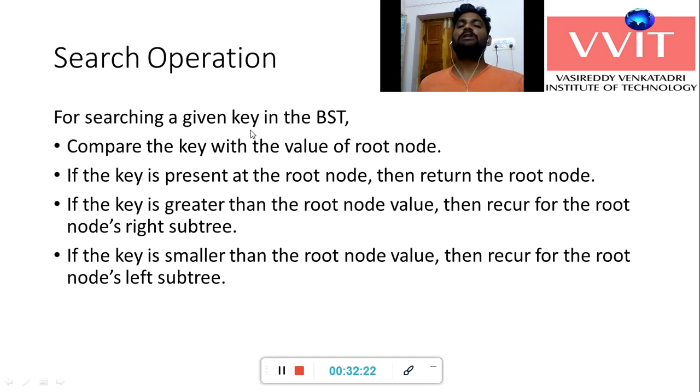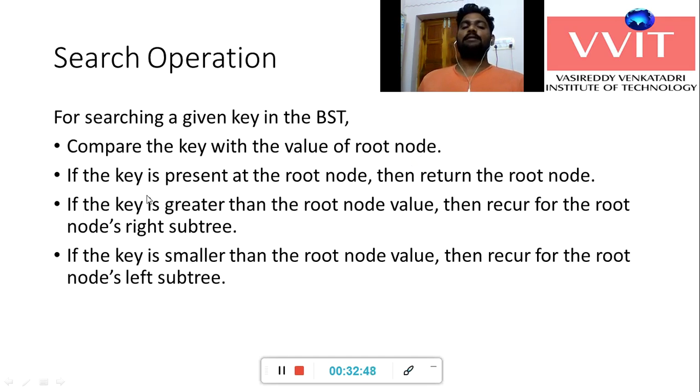In that case, first we read the searching node value from the user. That value is stored in a variable like key. Once the searching node element is read successfully, we apply the following steps. First, compare the given key value with the value of the root node. That means the given searching node value is compared to the root node.